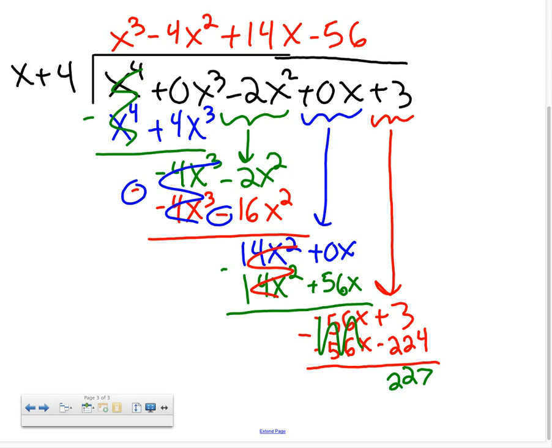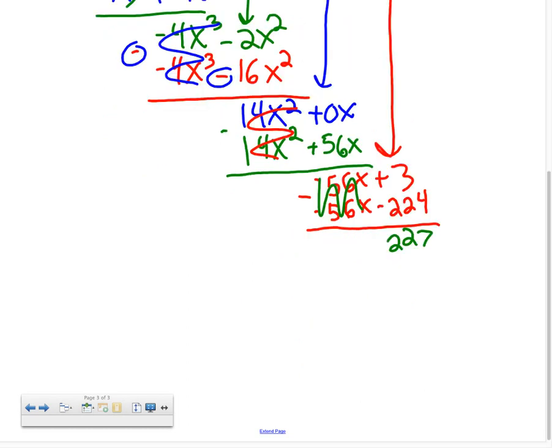So I'm going to start out by writing everything like I did usually. I'm going to give myself some space here. I divided by x plus 4, so I'll start with that, x plus 4. Then I'm going to write down my quotient, which is a rather large quotient, but we can still write it down.